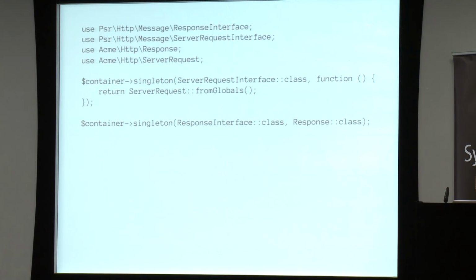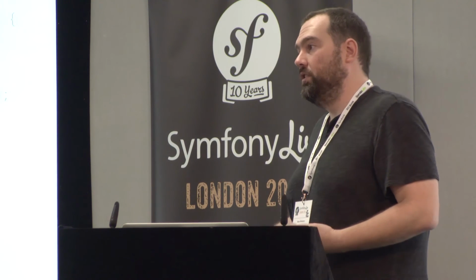If you want to switch to some other implementation, like maybe Guzzle's implementation of PSR-7 does something that you like better, or maybe you want to pull out Slim's implementation instead of Zend Diactoros, you could do that. This is the only part of the application now that cares about which implementation of PSR-7 is used. And the same code, the same controllers, the same middleware should work regardless of whose implementation you're using.